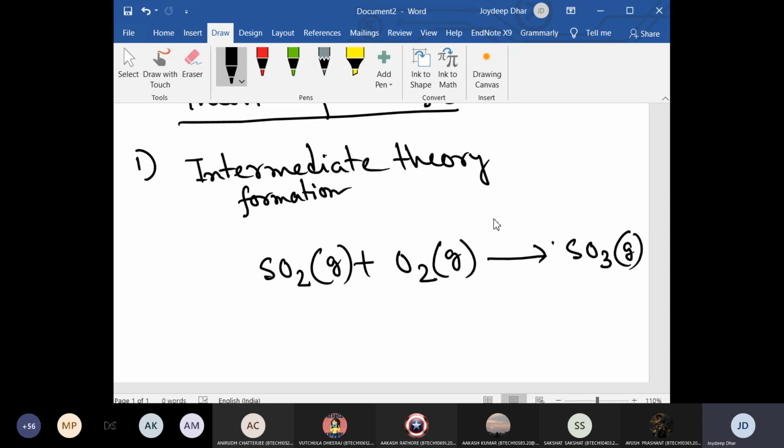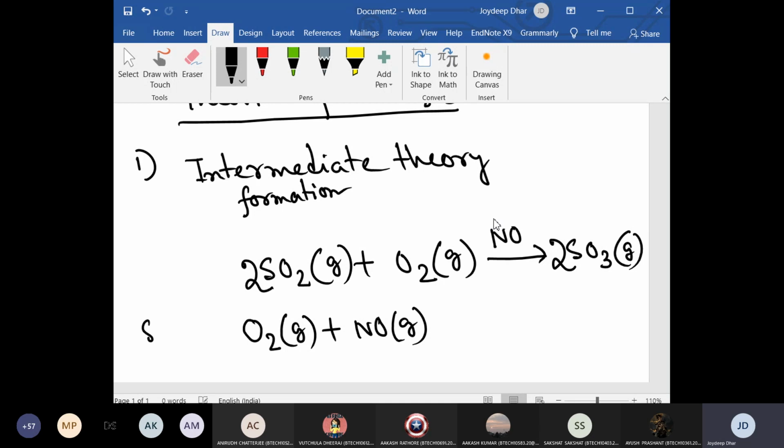If I write the balanced equation, this is the reaction. Nitrogen dioxide and nitric oxide will act as catalyst. In this case, first oxygen gas will react with nitric oxide.